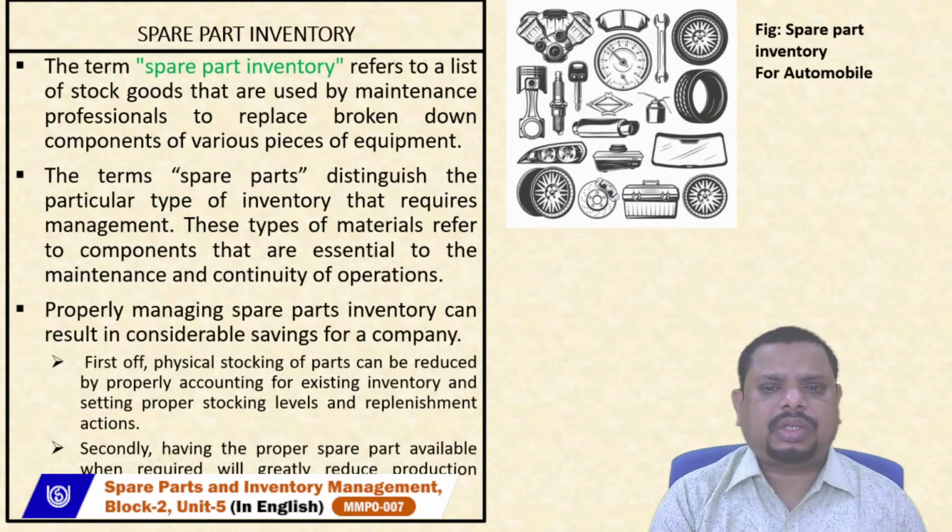If your holding cost increases, it directly affects operational expenses as well as the revenue generation of the company. So those who are directly assigned to spare parts inventory management, especially in the production and maintenance departments, take care of the level of spare parts inventory so that no operation failure will happen in the organization.